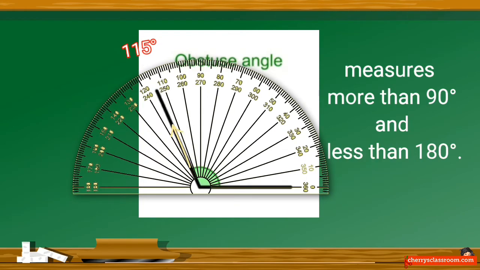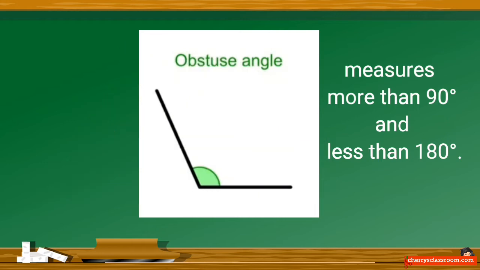This angle measures 115 degrees. It is more than 90 degrees and less than 180 degrees. Obtuse angle.